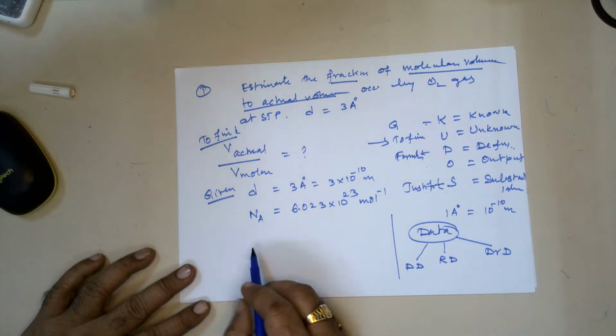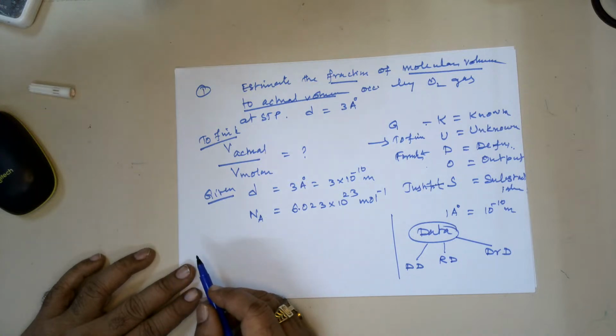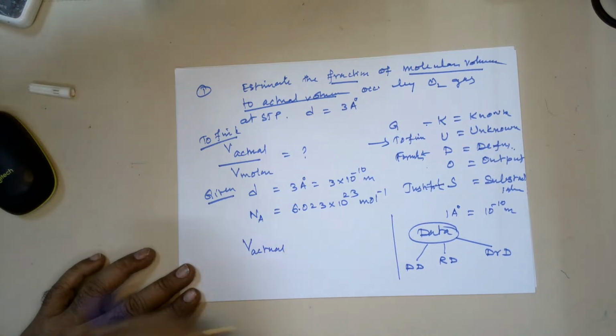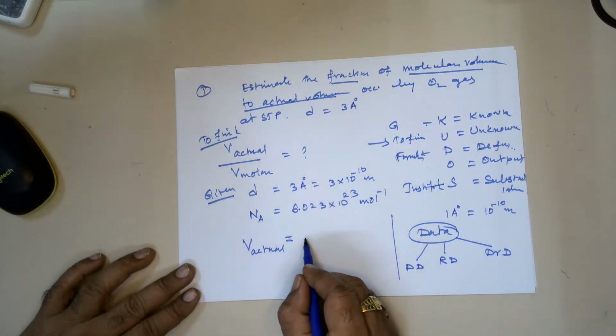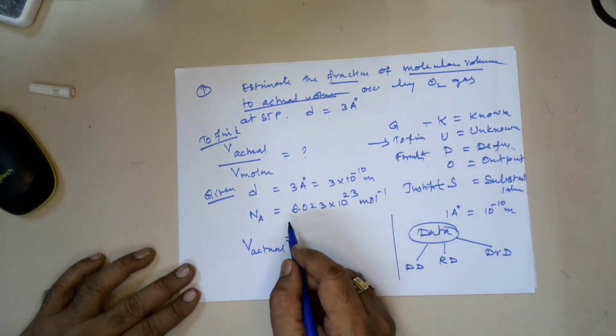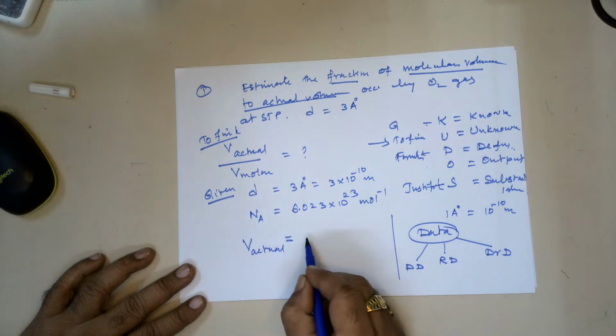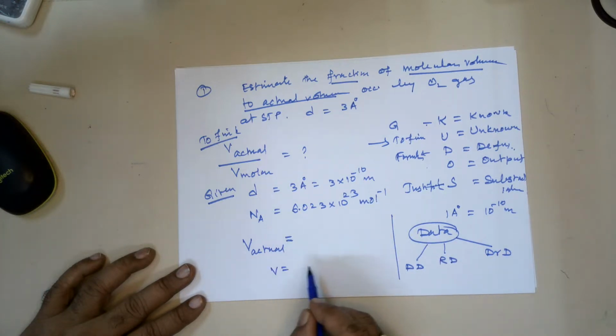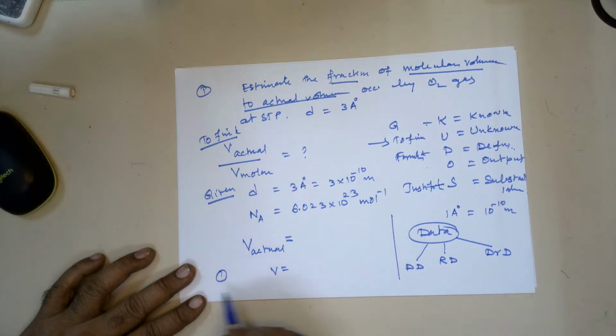So V actual, that is the volume occupied by the gas, the actual volume, is given by a small volume into the total number of molecules, is it not? Let us consider the molecule as a sphere. So the volume of the sphere is equal to 4 by 3 pi r cube.